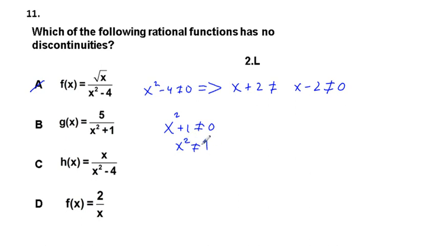So this thing here is never going to be 0, because x squared can never be less than 0, and we would have to have x squared equal to negative 1 for that to happen. So we have x equal to plus or minus the square root of negative 1. That's not a real number.